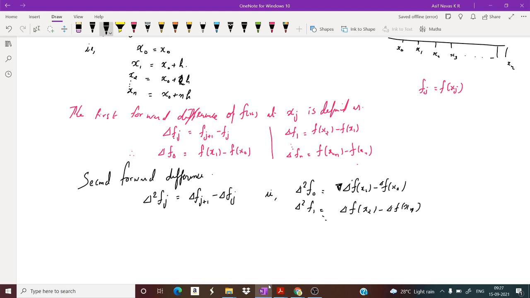So on. So in general, the kth forward difference we denote by delta power k fj is equal to delta power k minus 1 fj plus 1 minus delta power k minus 1 fj.